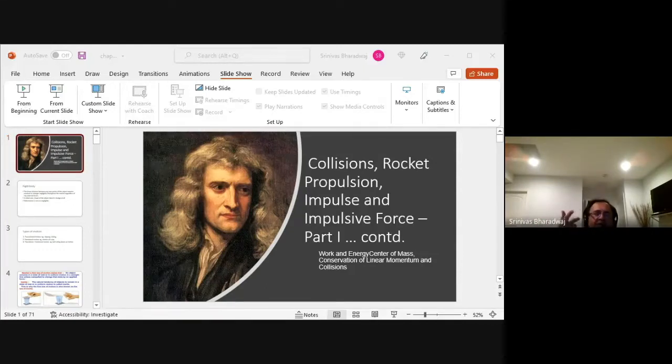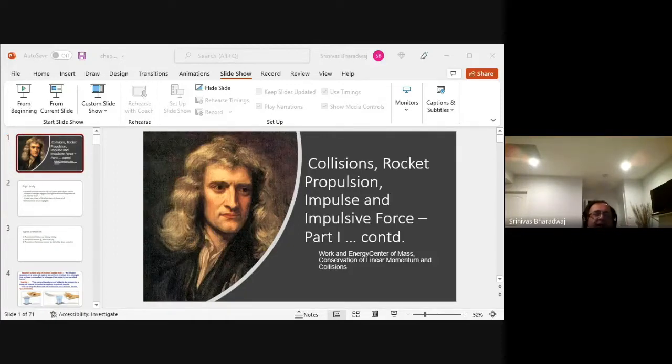In the previous case, you have M VCM equals sigma mi vi. Capital M times VCM equals sigma small mi vi. So the sum of the momenta is the total mass times the velocity of the center of mass.